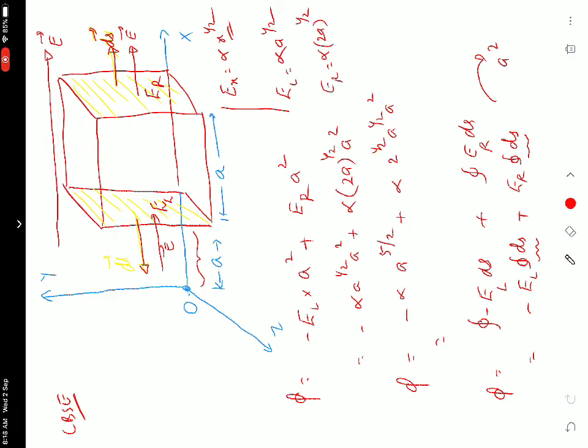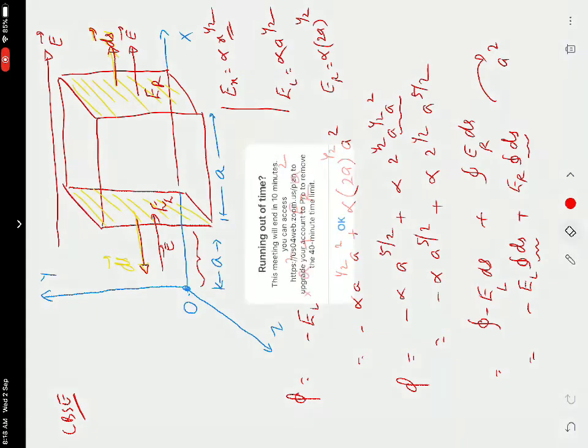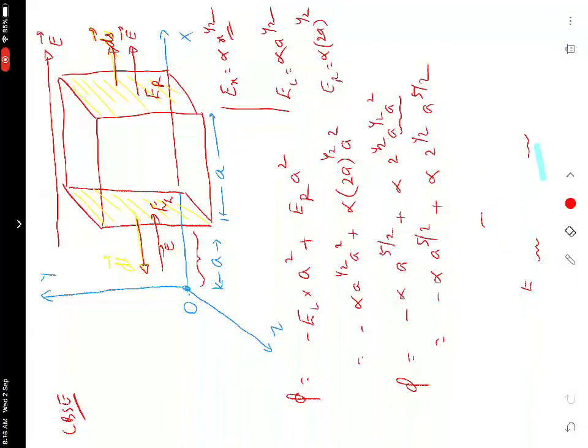So this is equal to minus alpha a to the power 5 by 2 plus alpha 2 to the power half, again a to the power half and a square, it is becoming 2 to the power half a to the power 5 by 2. So now you can take the value here, that is phi is equal to, which is common here, alpha is common, a to the power 5 by 2 is common, let them come out.